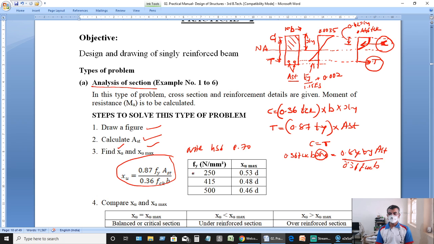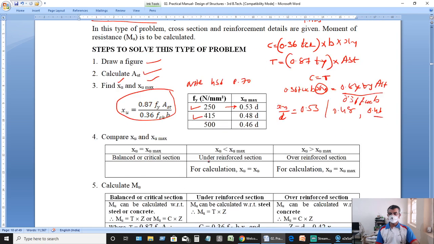If your grade of steel is 250, then XU max will be 0.53 D. Indirectly XU max by D will be 0.53. If you are using 415 grade steel, then it will be 0.48, and 0.46 for 500. So this is how you find out XU and XU max.